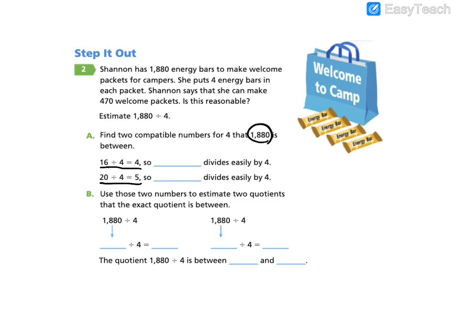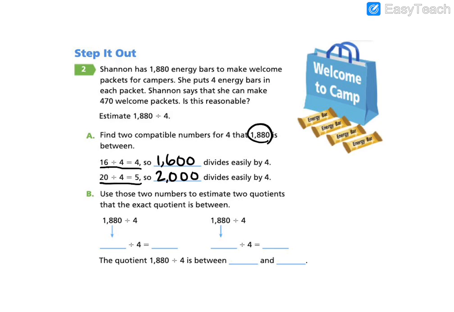We know that 16 hundreds is going to be close, right? This is about 1,800. So 1,600 will divide easily by 4. So using that same idea, 20 hundreds or 2,000 will also divide easily by 4.